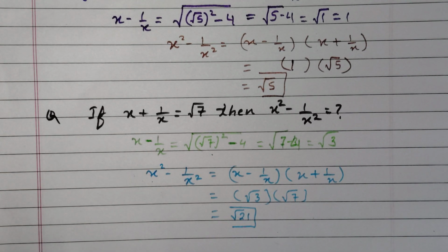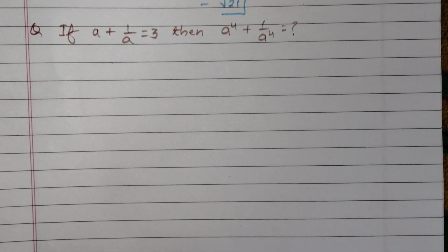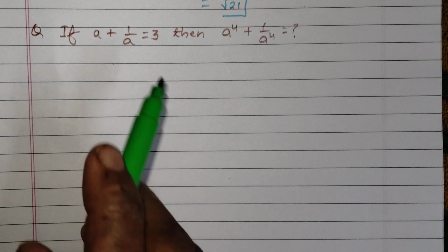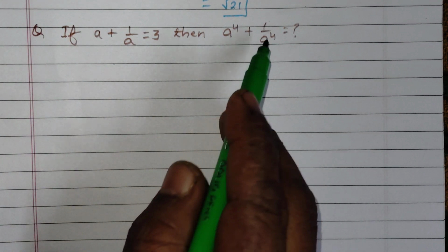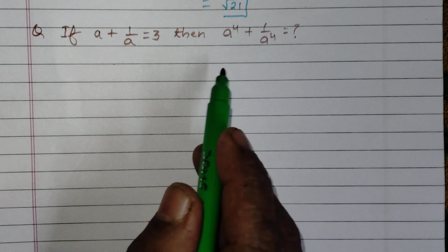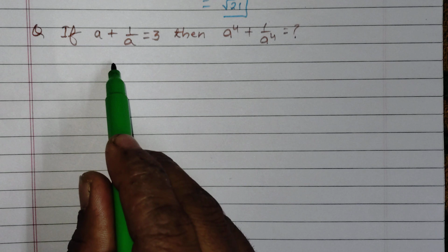In our next question, the question is, if a plus 1 upon a equal to 3, then find a raised power 4 plus 1 upon a raised power 4. So first, it is given a plus 1 upon a equal to 3.